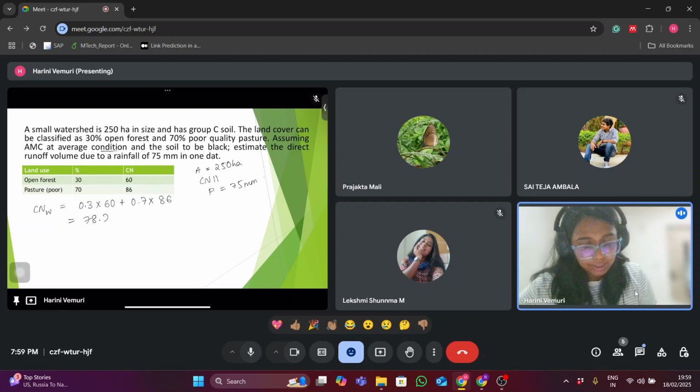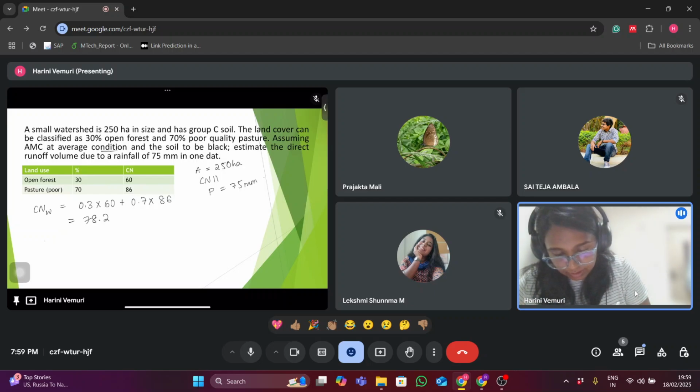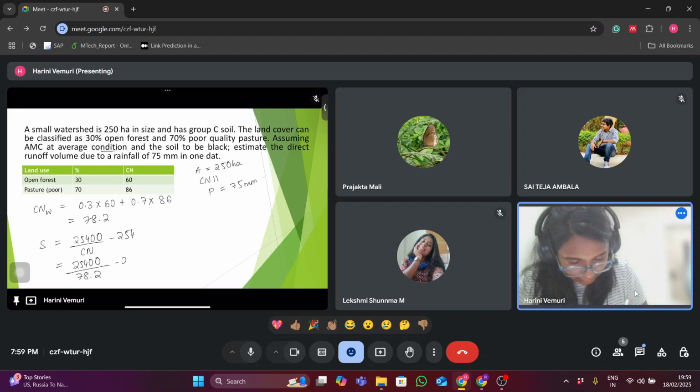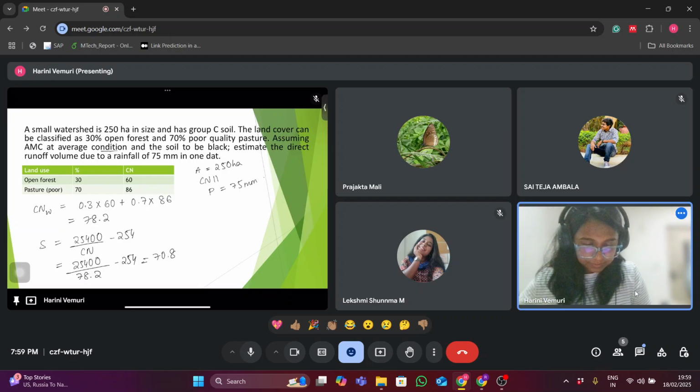Once we get the CN value, the potential retention value will be calculated using this formula. It is 25400 by CN minus 254, which is 70.8 mm.